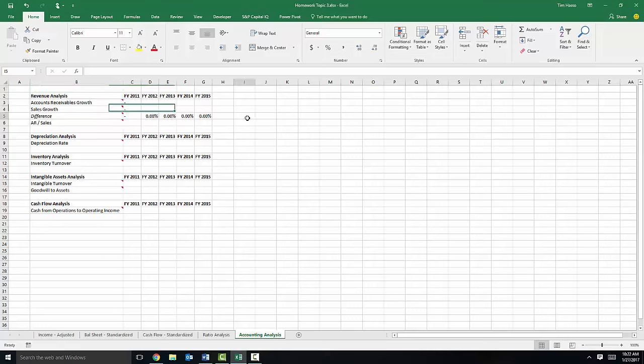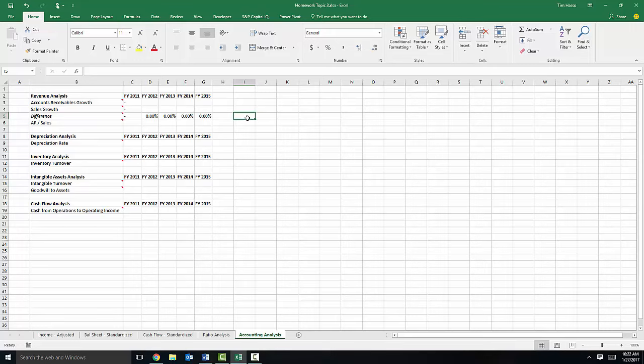So revenue analysis is just trying to understand if there might be fictitious revenues going on. Management might be recognizing revenues when there are actually no revenues there. One of the best ways to do this is by comparing the growth of accounts receivables and sales growth.